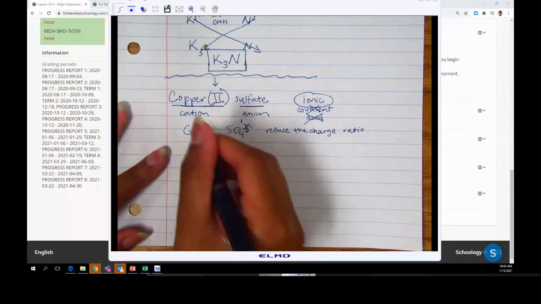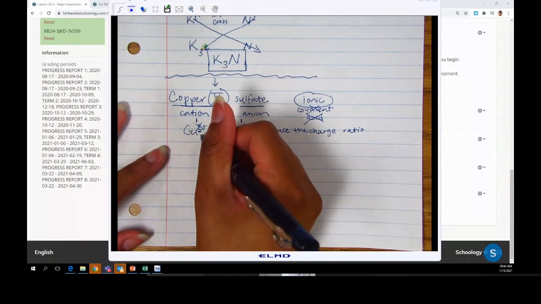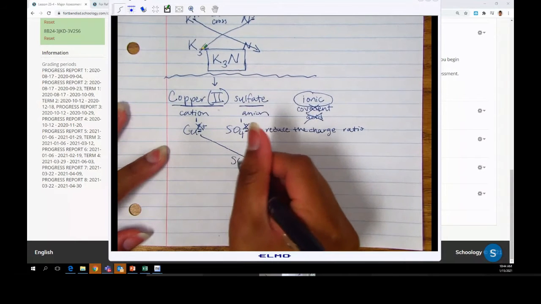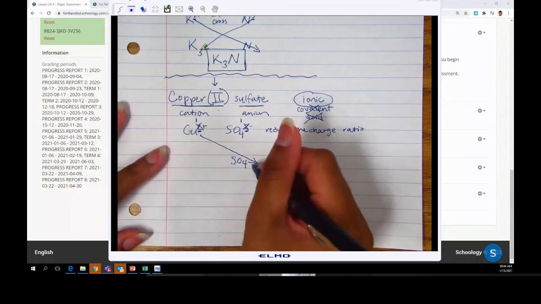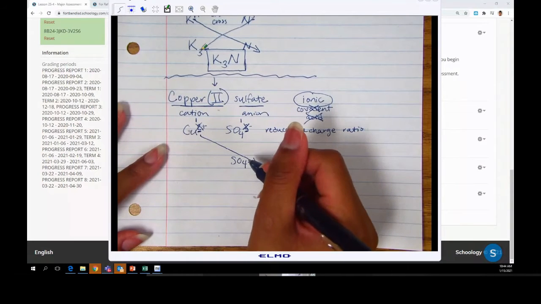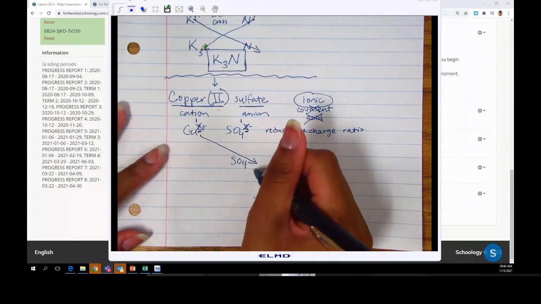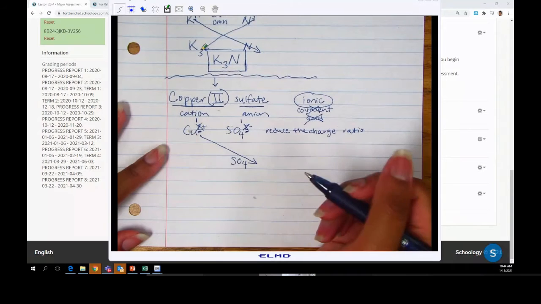So now that the charge ratio has been reduced, we can crisscross. We're going to crisscross the 1 on the copper down to the subscript on our sulfate, SO4. Because it's going to be a 1, we don't need to write it in, and therefore we don't need parentheses around the sulfate.